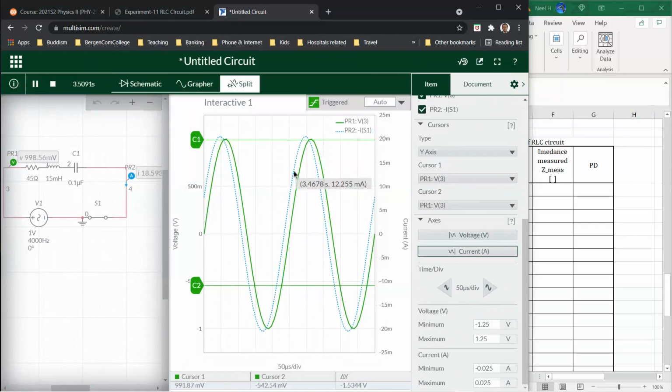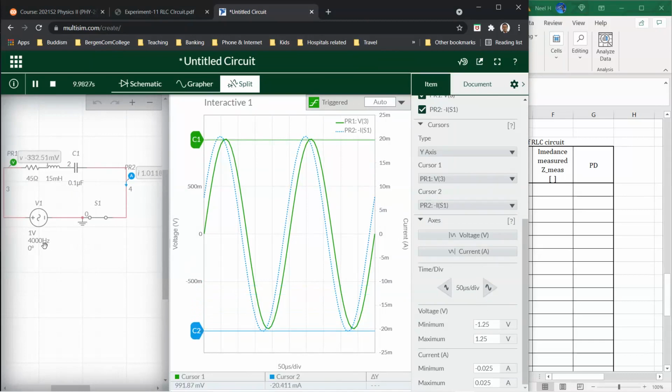Right now, voltage is close to 1 volt. That's the applied voltage. Let's put these two cursors first to see. We'll change cursor number 2 to current and place it here. Current is right now about 20 milliamps, okay?